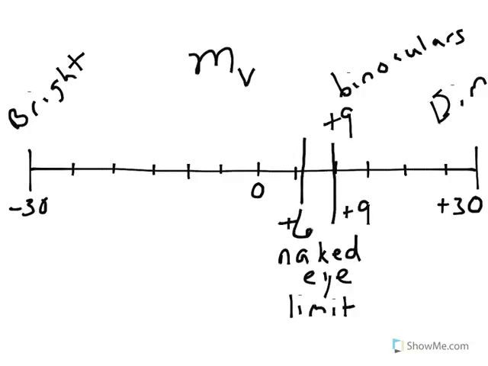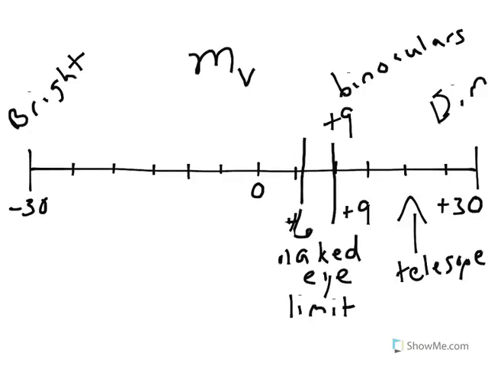So you can see objects with your eyes if they're in this region from -30 to +6. But if you need binoculars to see objects that are dimmer in the sky, you need to be in this range between +6 and +9. Well, what about over here between +9 and +30? Well, in this range, you need to have a telescope to see these ranking of brightness of objects.